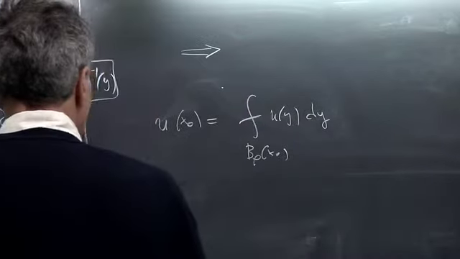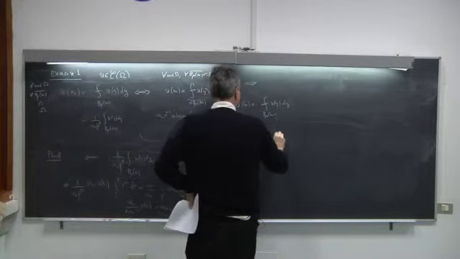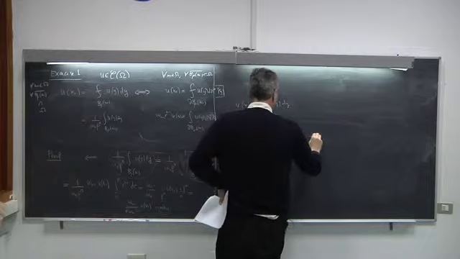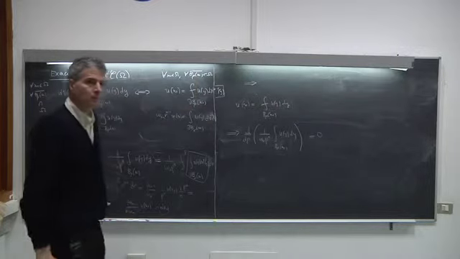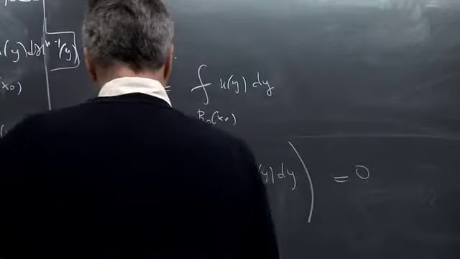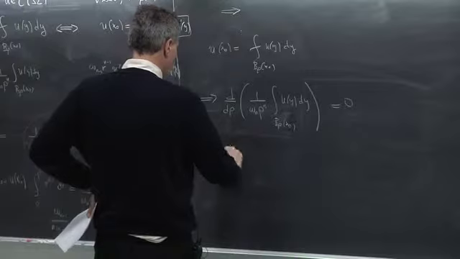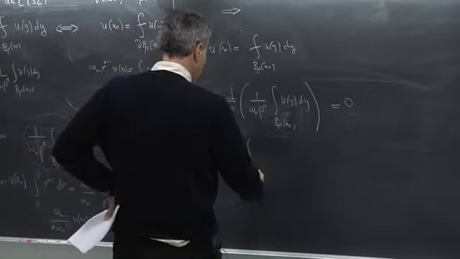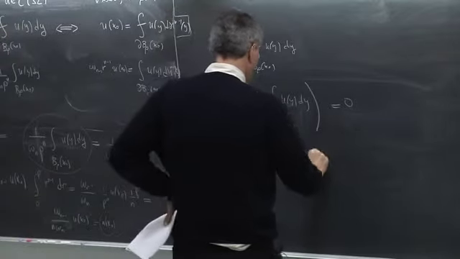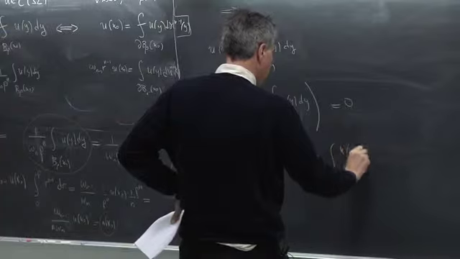Okay? We have already done this computation, so we have minus n over omega n rho to the n plus 1 times the integral of u of y dy, plus 1 over omega n rho to the n times the integral over the boundary of u of y.